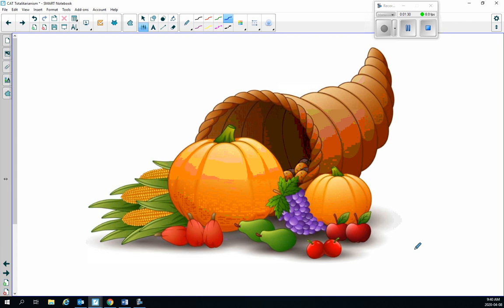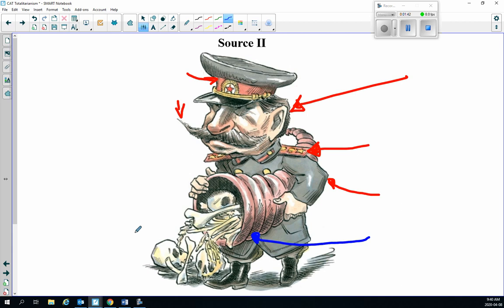It's usually exemplified during Thanksgiving, but it doesn't have to be. So cornucopia would be symbolic of abundance, of richness, of vast resources and wealth. And then the last thing you'd want to point out is that in this particular cornucopia, rather than fruit and vegetables falling out, in this case, it's, well, human skeletons. And you're going to want to talk about that.